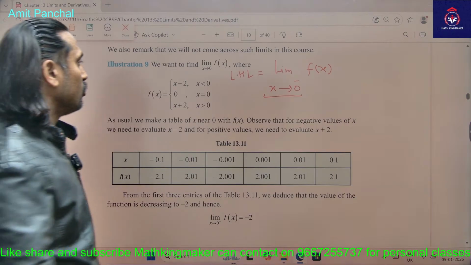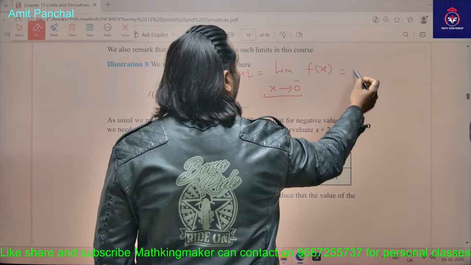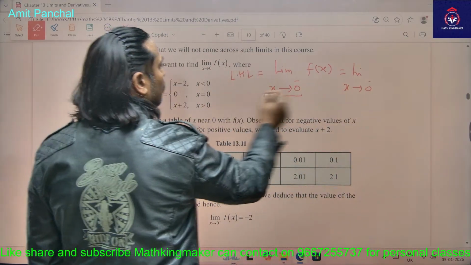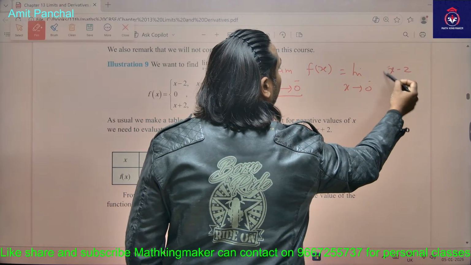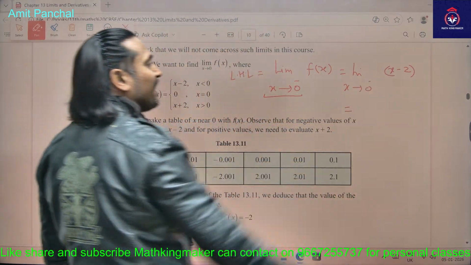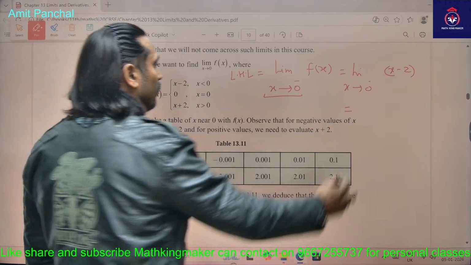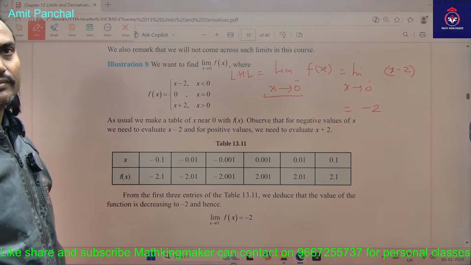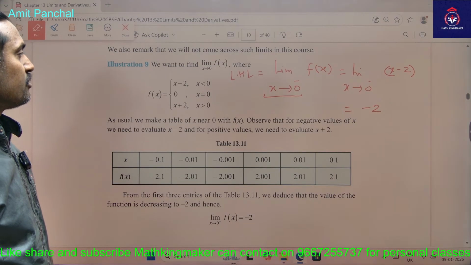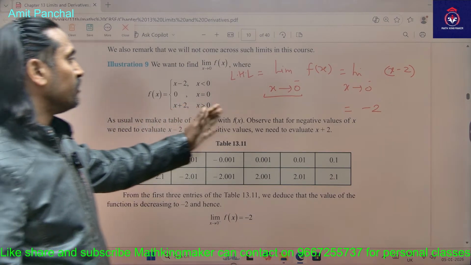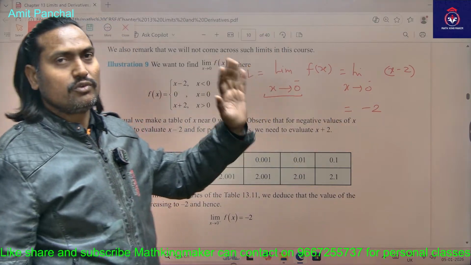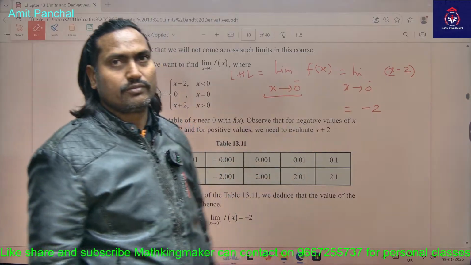Yes, sir. So you need to write limit x tending to 0 negative, and the function will be x minus 2 there, and now you put x as 0, so what do you get? You will get minus 2, isn't it? Yes, sir. What is the meaning of that left hand limit? That means if you are approaching towards 0 from the left, you are getting minus 2.